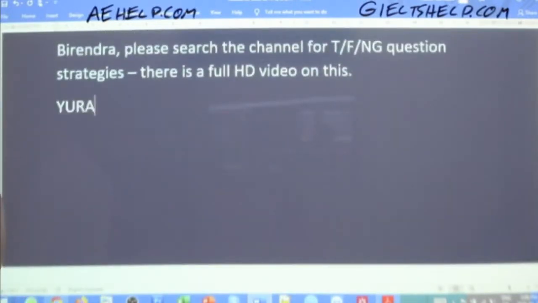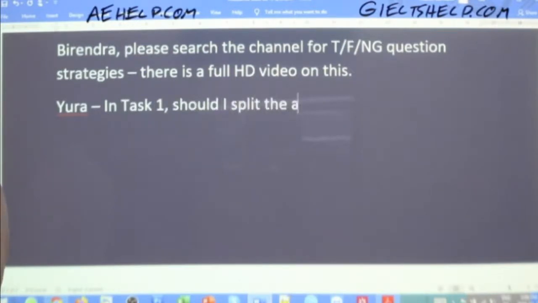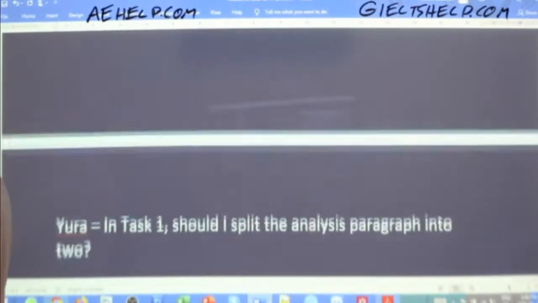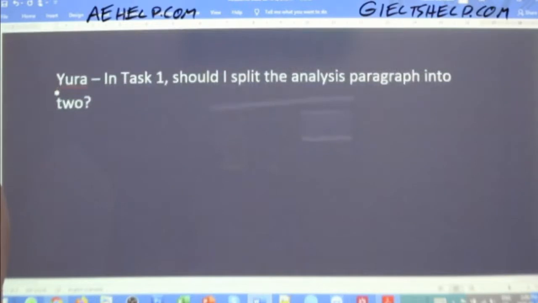Yura is asking, in task 1, should I split the analysis paragraph into 2? It's a good question. Usually not. Okay, the answer is usually not.